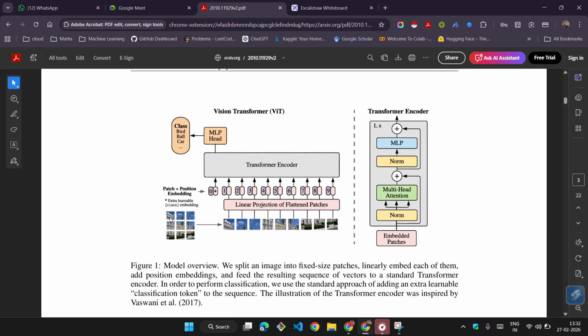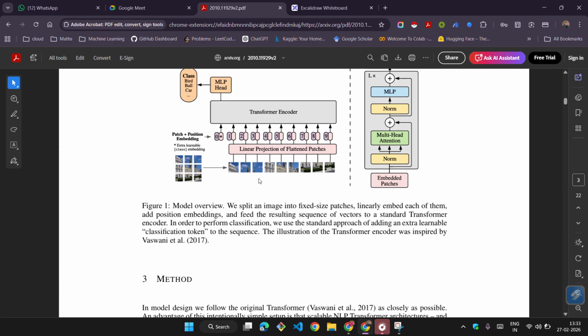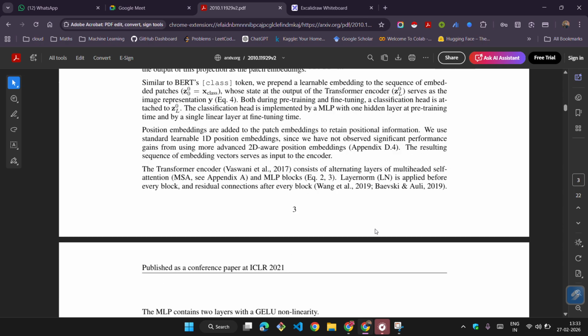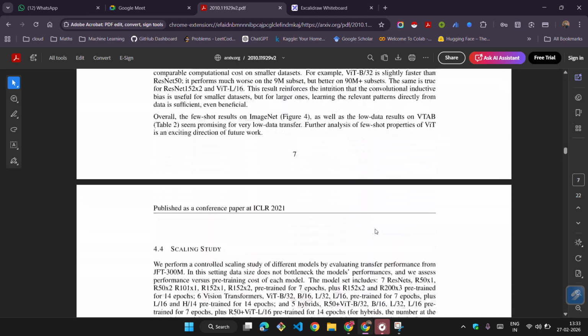But in this case, suppose I have flattened this image. This image is closely related to this image, but if I flatten it, no relation is developed here. So they are just saying that at the time of generating the patches from that image, only that bias is added and nowhere else.